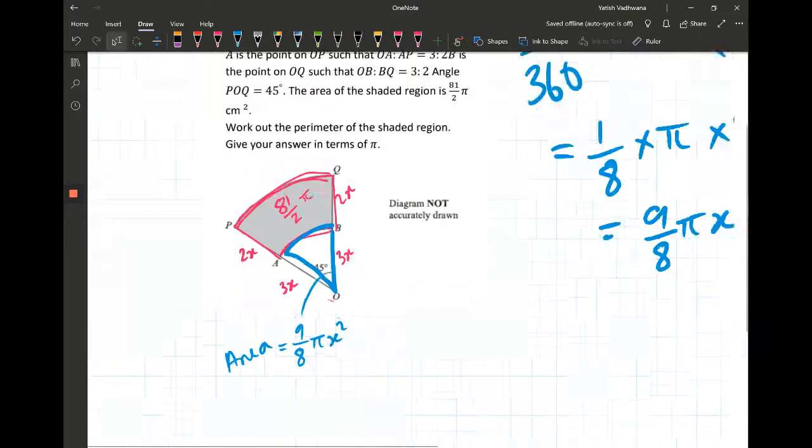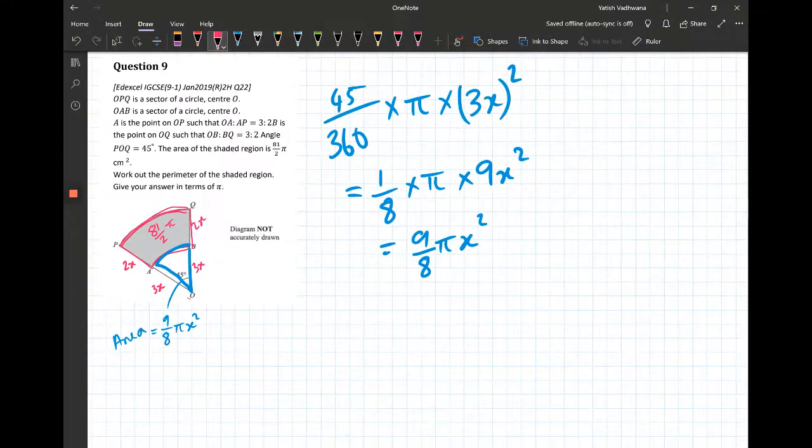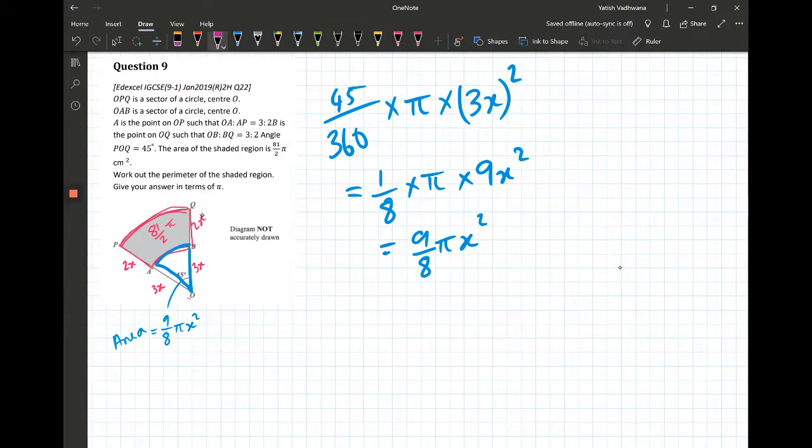We're going to find the area of the whole shape, so that's this whole purple shape here. That will be 1 over 8, because we know that's 45 over 360, times pi times the radius. Now the radius in this case is 5x, because it's 3x plus 2x. So it's 5x squared.